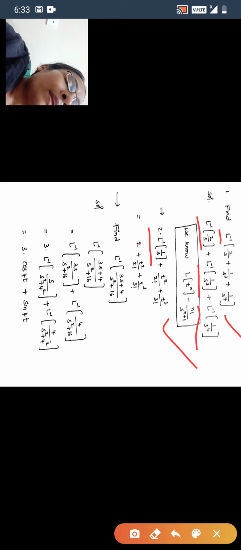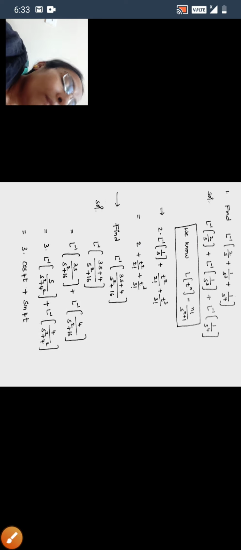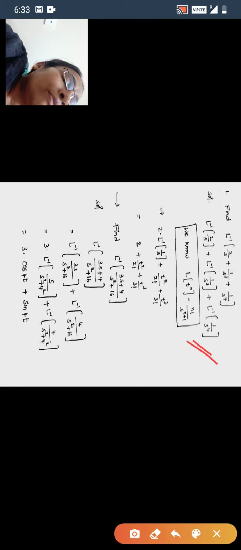We know the formulas: we will get s cube in the Laplace transform of t square. So 1 by s cube is the Laplace transform of t square by 2 factorial. Now 1 by s power 4: we will get s power 4 in the Laplace transform of t cube. So we can write L inverse 1 by s power 4 as t cube by 3 factorial.